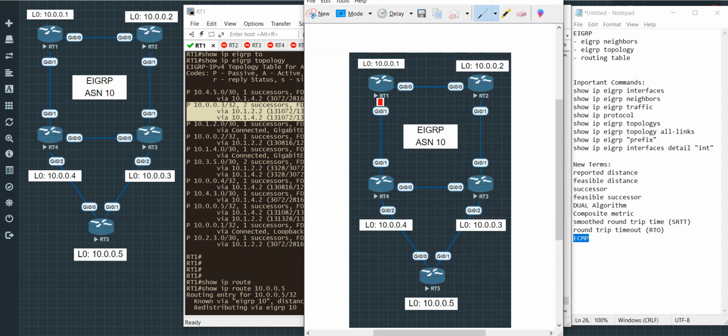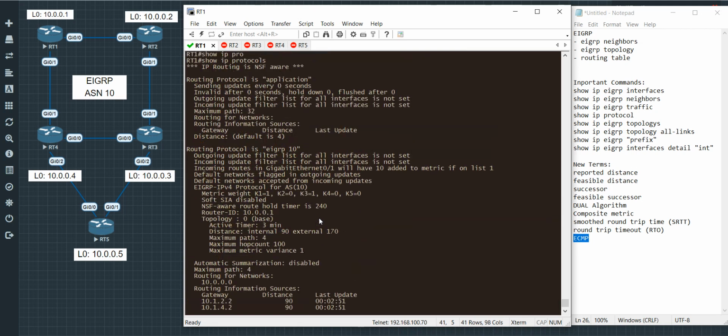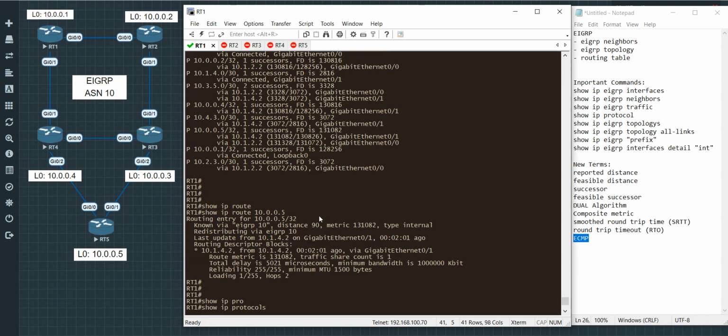So this particular path here to router 5 has one metric, and this particular path to router 5 here has a different metric. They're not the same, and we can see that by looking at the topology table, that through gigabit 0/1 it's one feasible distance, and through gigabit 0/0 is a different distance. So this particular value is lower than this value.